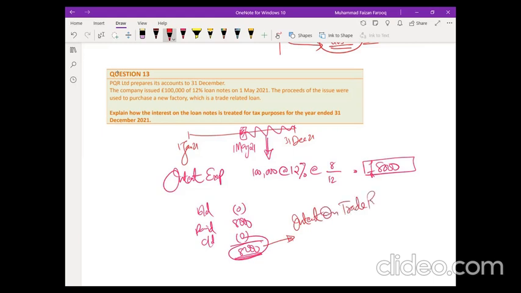Interest on a trade related loan. So it means it's an allowed expense from trading income. If it is already deducted, no need to do anything. But if it is not deducted, you have to deduct 8,000. Got it? Okay.